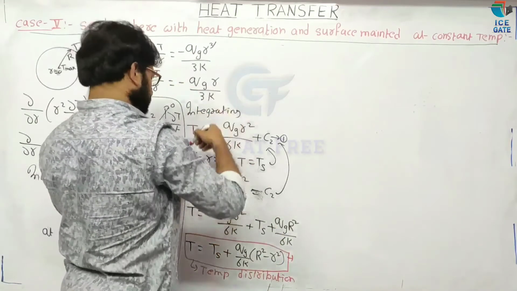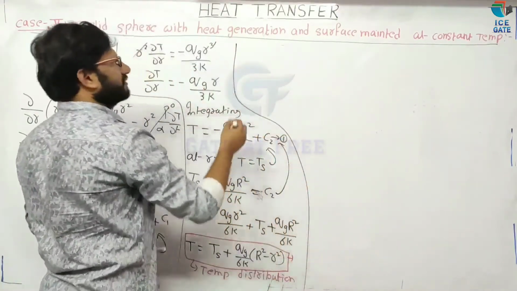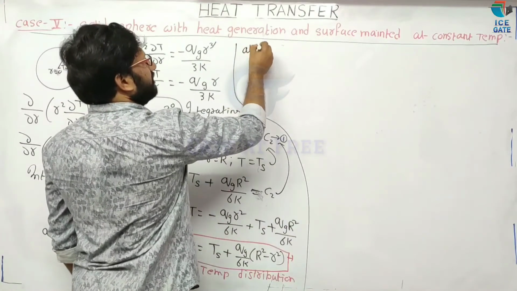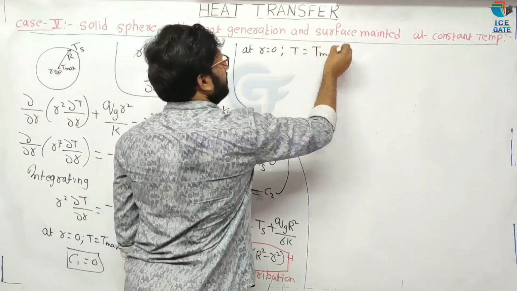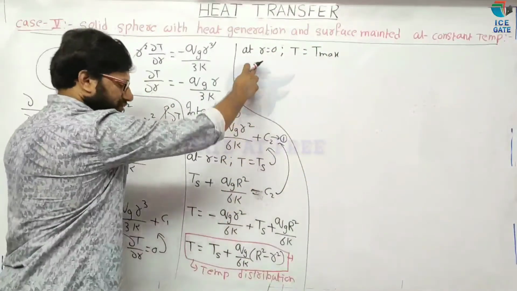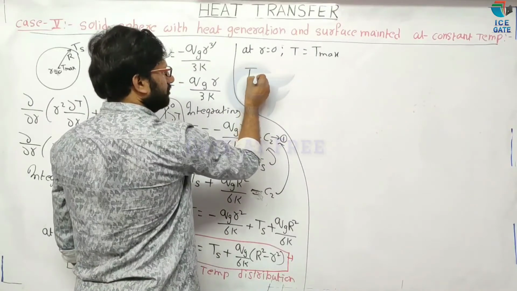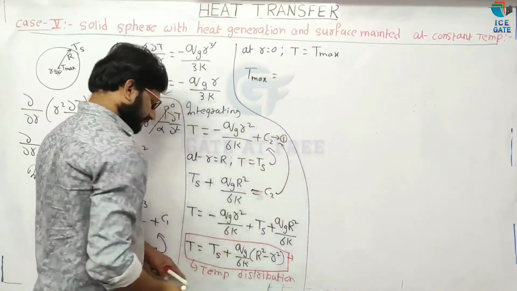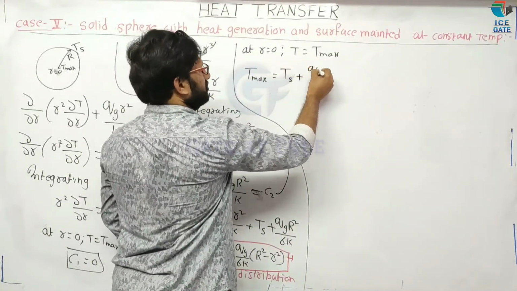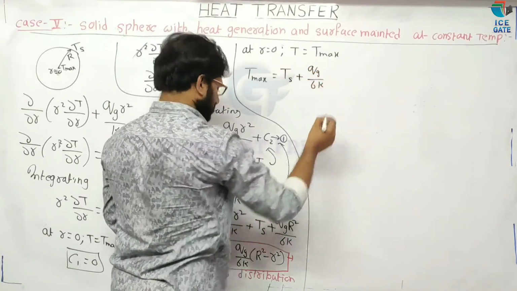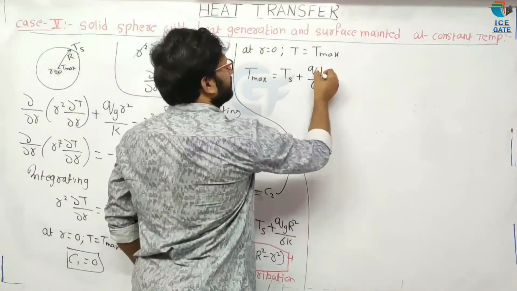Hope you understood. Now to find the maximum temperature, at r equal to 0, T equal to T max. Substitute in the temperature distribution function. T max is equal to Ts plus Qg/6k into capital R², since small r becomes 0.